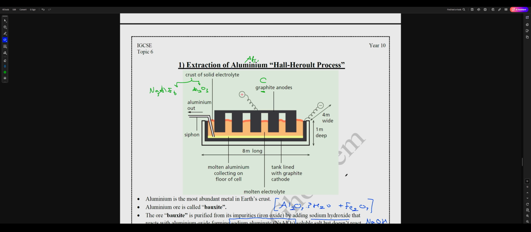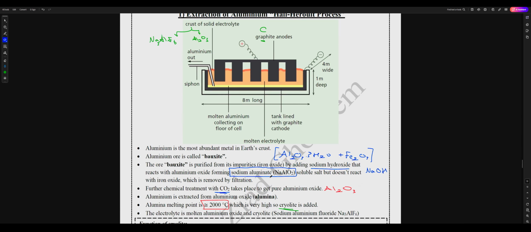Just to recap what we talked about: the extraction of aluminum using the Hall-Héroult process. We talked about the cell, the cathode, the anode, and bauxite, which is the aluminum ore, and how we get rid of the iron oxide from that ore by reacting the bauxite with sodium hydroxide. The separation technique that we use to get rid of the iron oxide would be filtration.